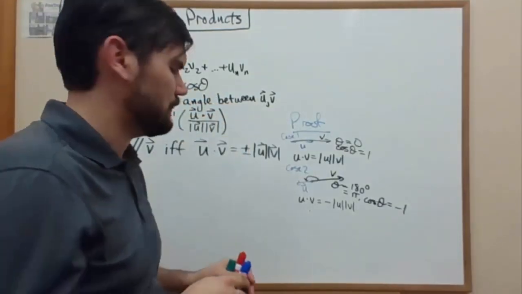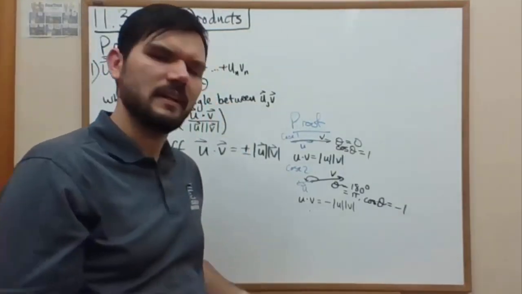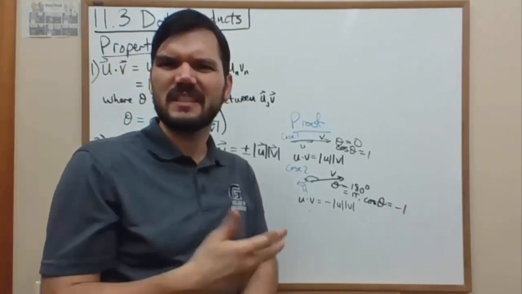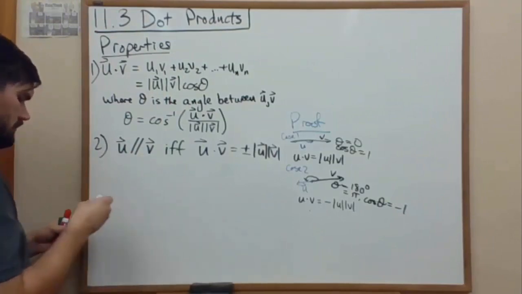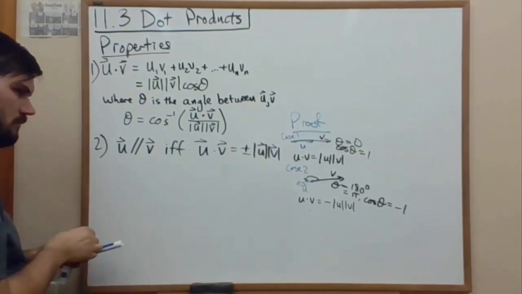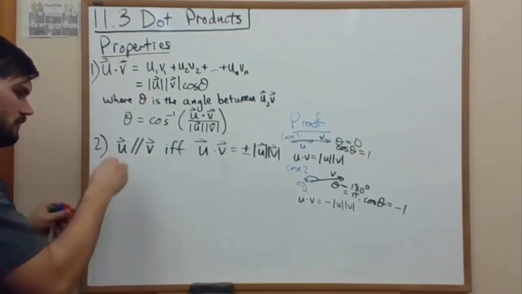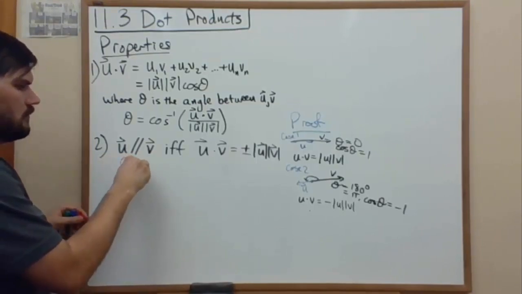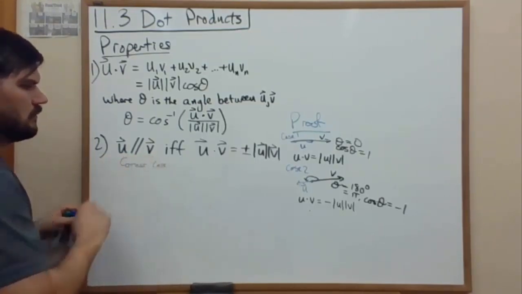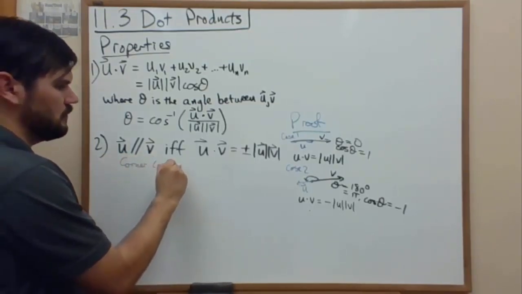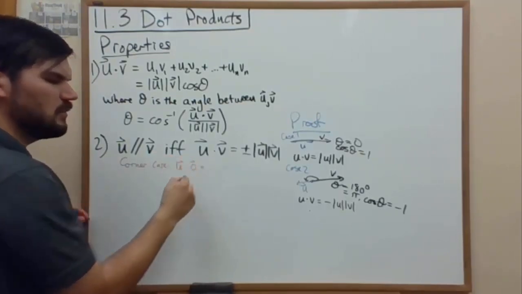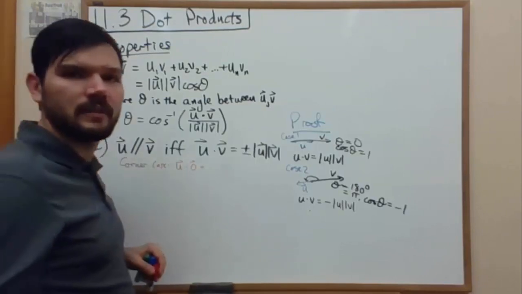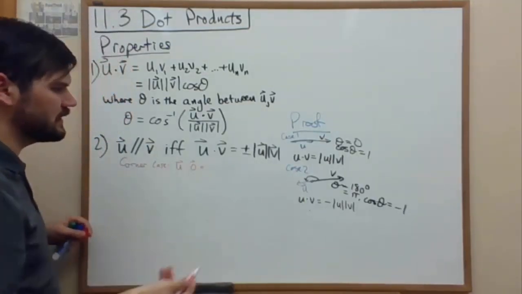Now, here's an interesting case. What if u or v was the 0 vector? U dotted with the 0 vector. Well, what does that mean? Well, the 0 vector is simply the vector of all zeros, however big it needs to be.